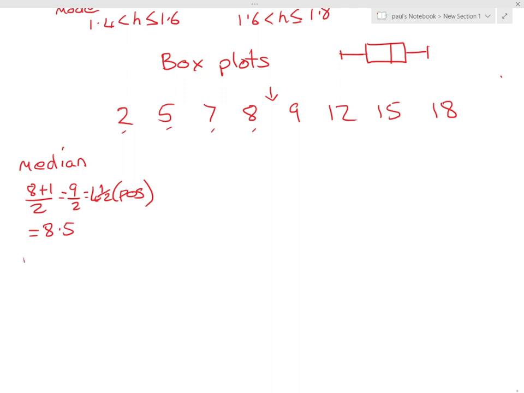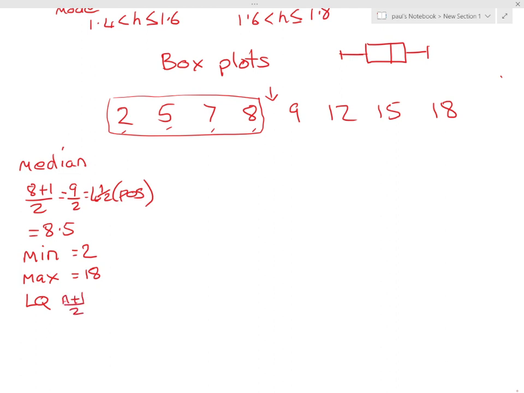Now, the minimum is easy. The minimum is 2. The maximum is 18. Now, the lower quartile is the middle of these. So we've got n plus 1 divided by 2, which is 5 divided by 2, which equals 2.5, which is the position. And the lower quartile will be in there, 2.5, which is 6.